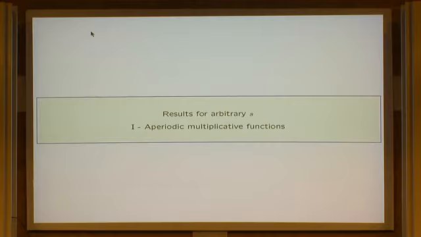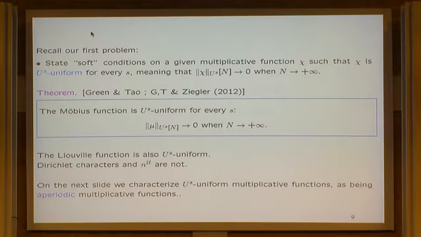So now for arbitrary S, because it's the title of the talk. Recall that our first problem was to find soft conditions such that a multiplicative function has a small Gowers norm U^S, that is, the norm U^S on the interval [n] goes to 0 when n goes to infinity.